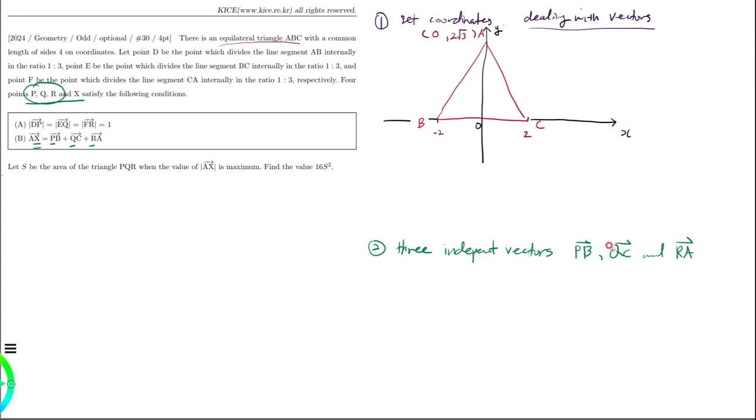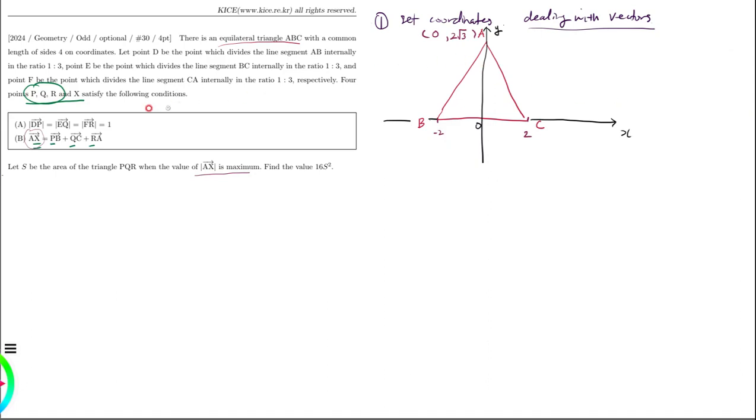How can we deal with those 3 vectors? Is it overwhelming to deal with, or can we find some rule which makes the magnitude of this vector maximum? Let's see this later.